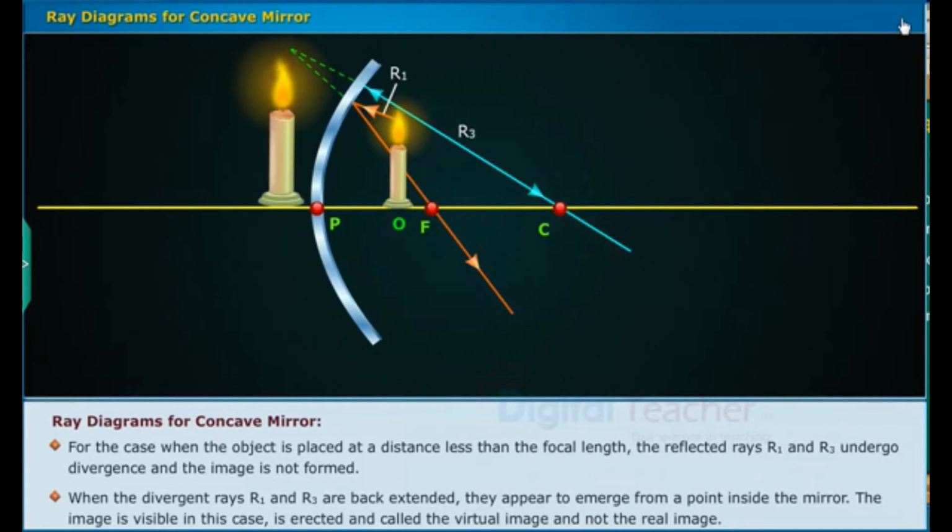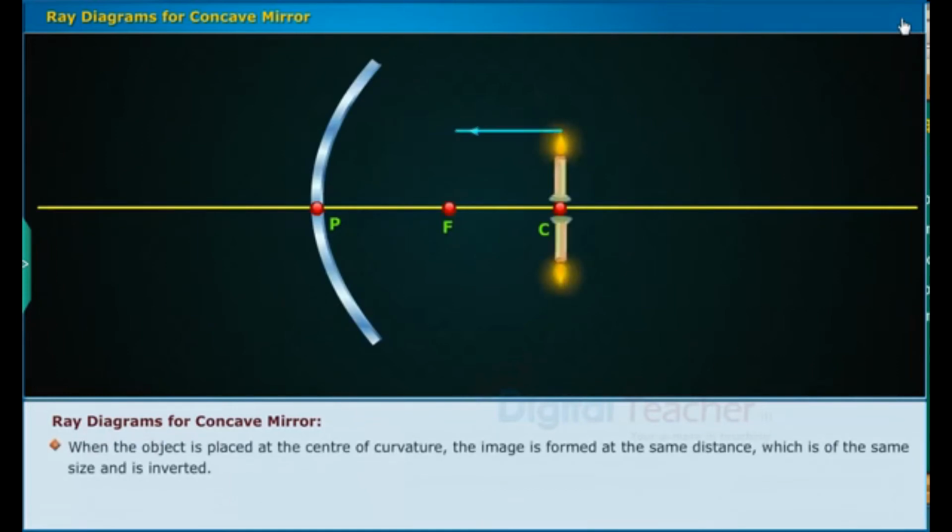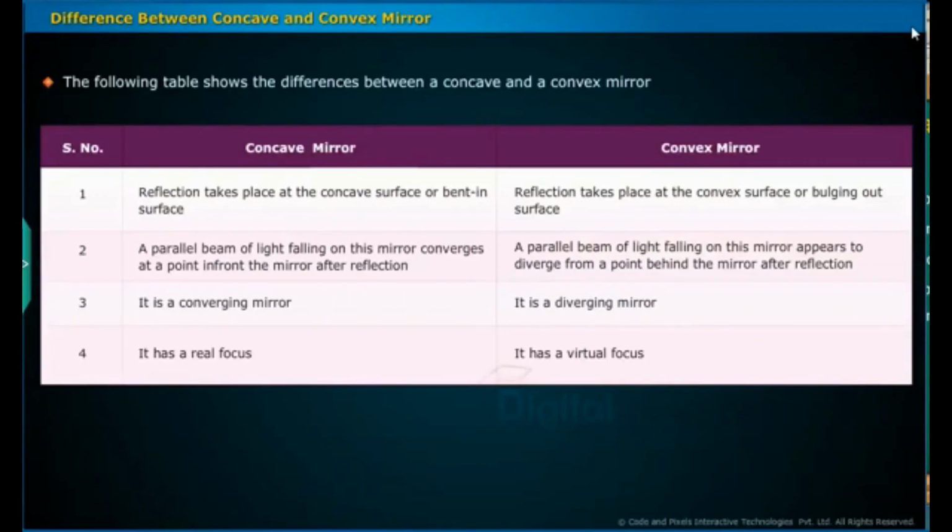The image visible in this case is erect and is called the virtual image, not the real image. When the object is placed at the center of curvature, the image is formed at the same distance, is of the same size, and is inverted. The following table shows the difference between a concave and a convex mirror.